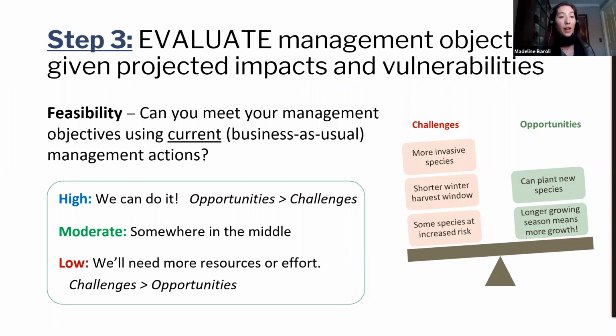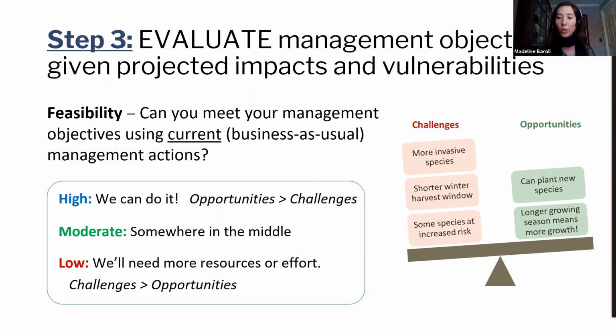So you'll either give a high, moderate, or low score. For high feasibility, that's where your opportunities are outweighing those challenges, or existing management options can be used effectively to overcome the challenges that do exist.